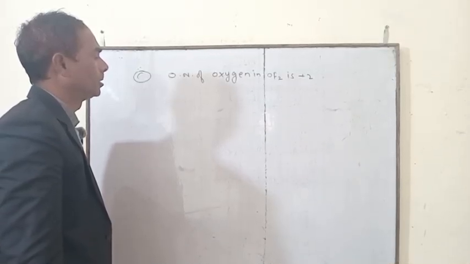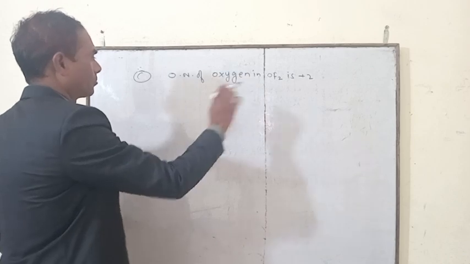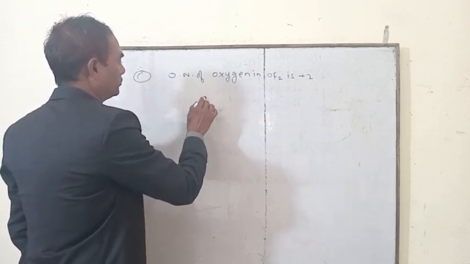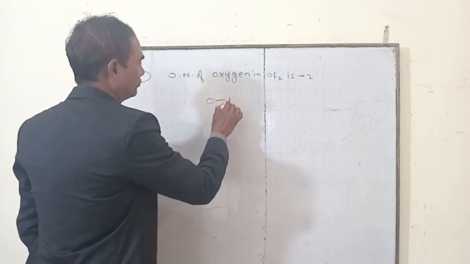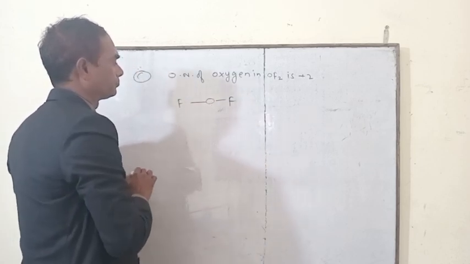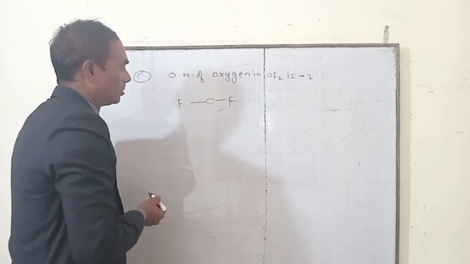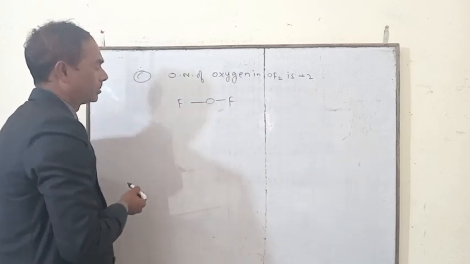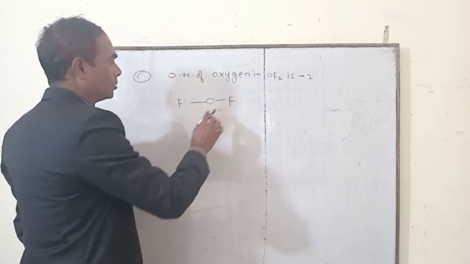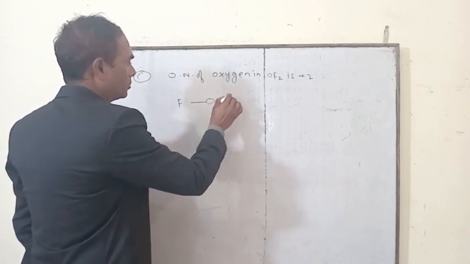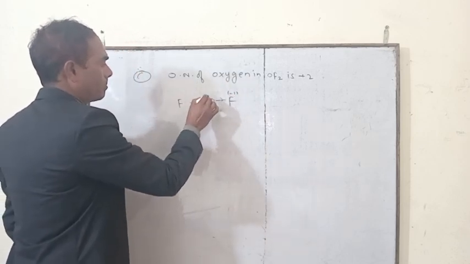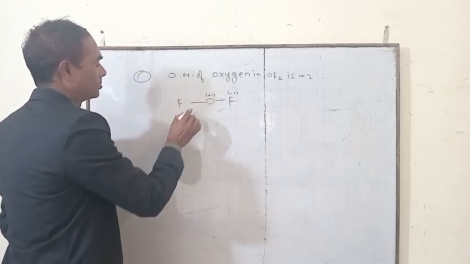In OF2 molecule it is +2. Here the structure of oxygen difluoride, oxygen fluorine, oxygen fluorine. Fluorine being more electronegative than oxygen, this shared pair of electrons is more attracted toward fluorine. It gains partially negative charge, and oxygen positive charge.